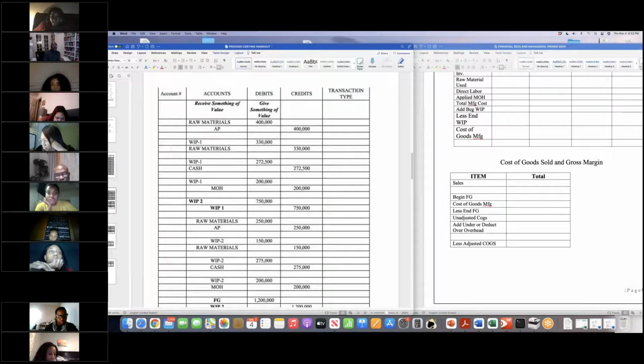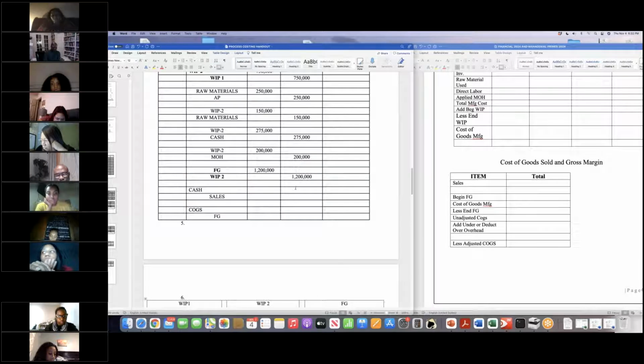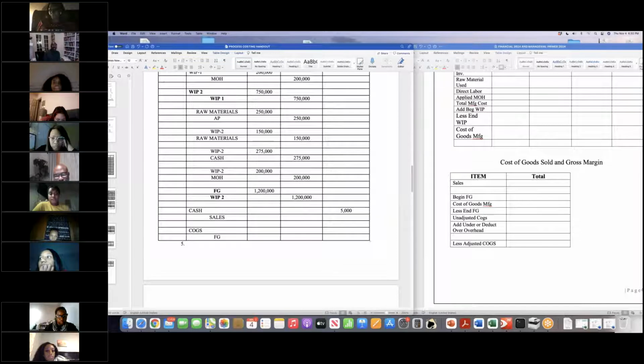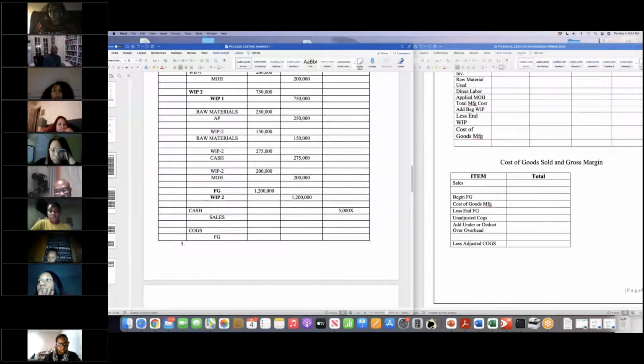So if we sell 5,000 units, and if our unit cost was 150, what's the selling price going to be? 750,000.